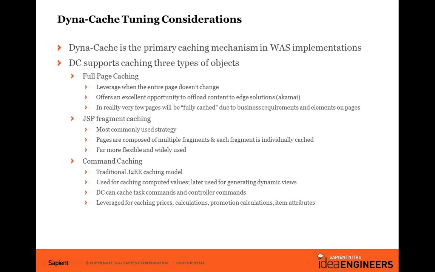So it's not an optional decision. It's a mandatory decision. The rule of thumb is to cache the page contents as close to the user as possible. You have a lot of content delivery networks, or CDNs, these days, which will cache content close to the end user browser.